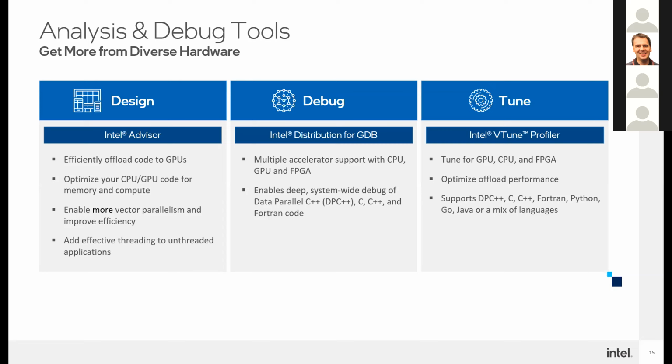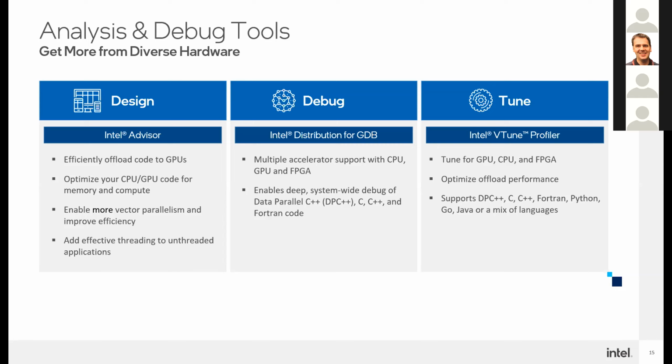The VTune Profiler now also supports discrete GPUs, FPGAs, plus, of course, the CPU. And it also allows you to optimize the offload performance, for instance, when it comes to offloading parts of former CPU code onto, for instance, a discrete GPU.